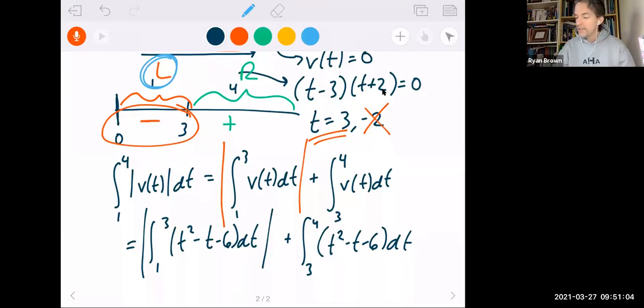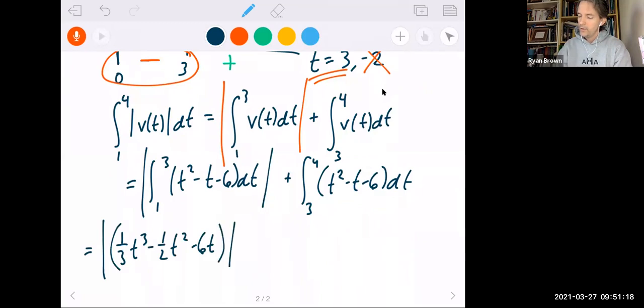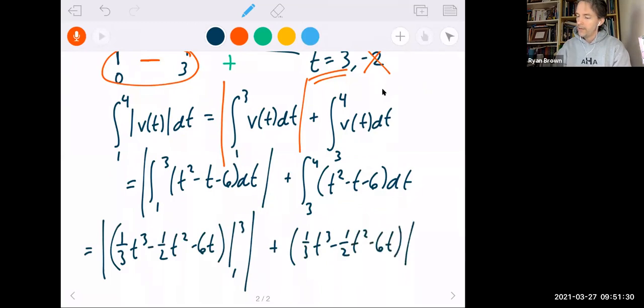Okay, the good news is you're taking the same antiderivative twice, so it's not that bad. Absolute value of 1/3 t cubed minus 1/2 t squared minus 6t, evaluated from 1 to 3, absolute value of it, so it becomes positive, plus the same thing, 1/3 t cubed minus 1/2 t squared minus 6t, evaluated from 3 to 4.